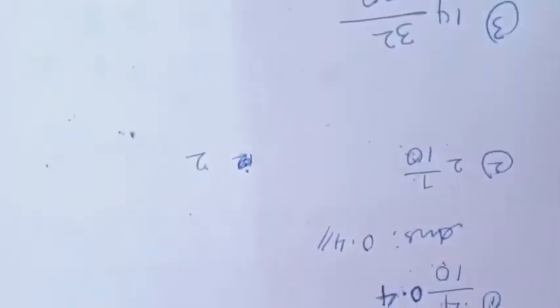Which is the whole number? The whole number is right on the side. The whole number is number 2. Got it? And then the numerator. This numerator you need to remember. The numerator is 7 and then the denominator is 10. Got it?